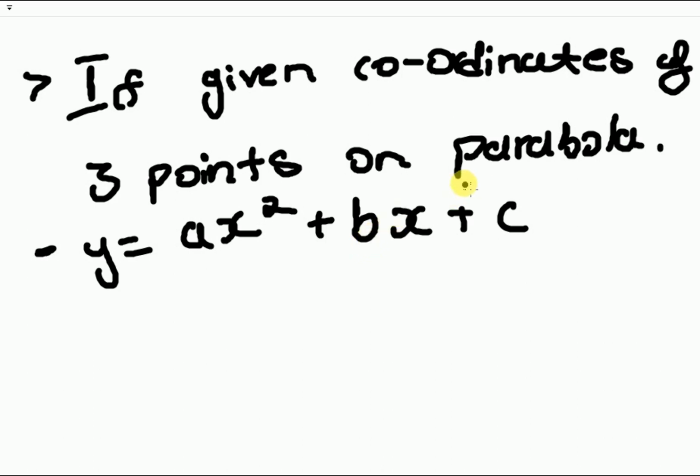If you're given 3 points or 3 coordinates, then it means that c will be given as the y-intercept. The only thing remaining to do is to solve for a and b simultaneously.